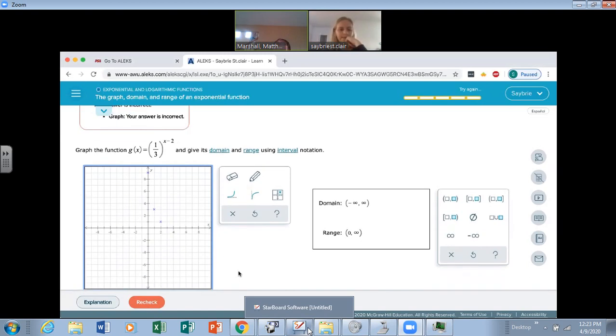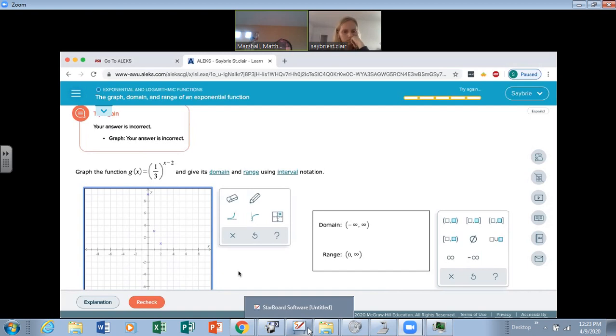Alright, if I graph that on Desmos, let's see what that graph looks like. So that's 1/3 to the x minus 2 power, is that what it was? Sorry, it's having problems here.